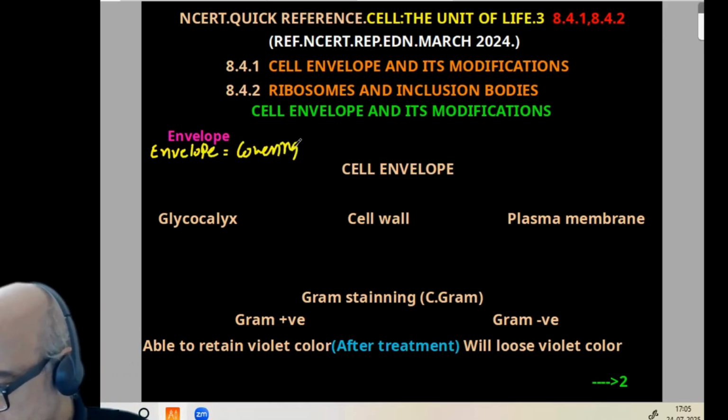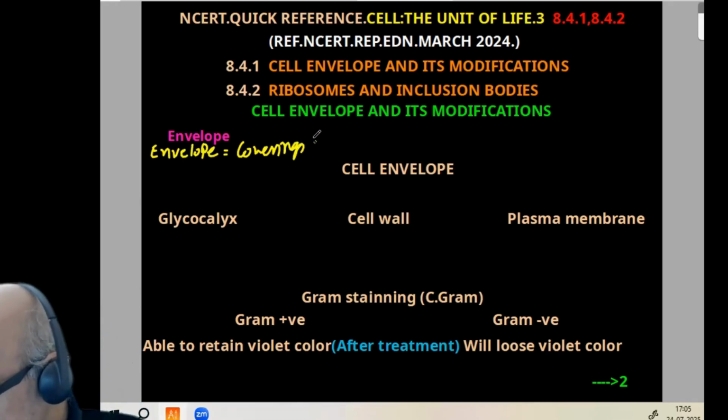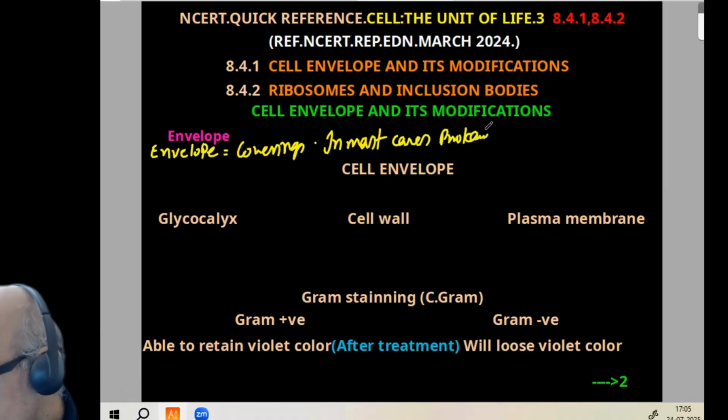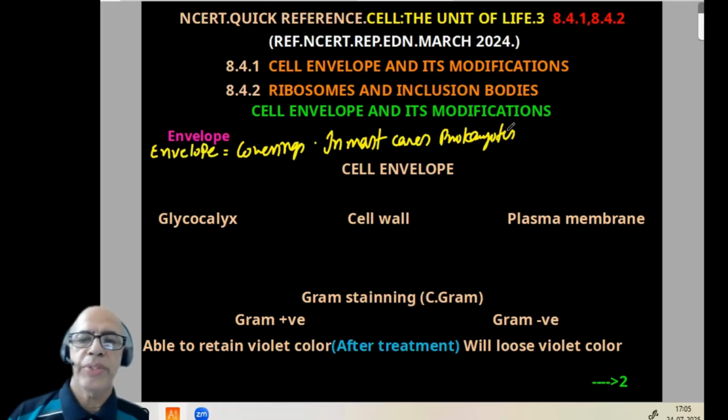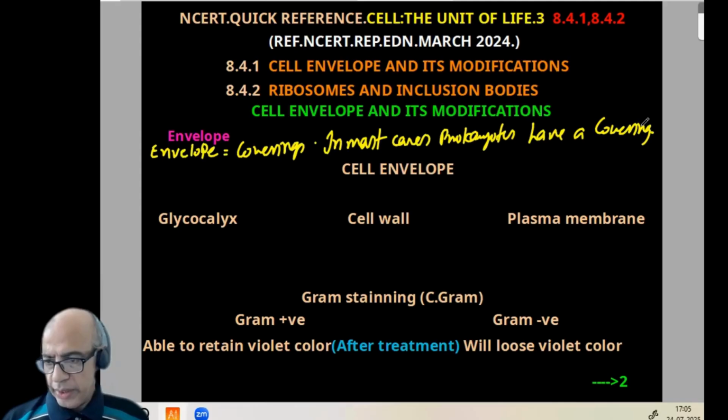Wherever it comes, it means a covering. And in most cases, prokaryotes have a covering. So I think the idea is clear what an envelope is. Now we can proceed to the cell envelope.